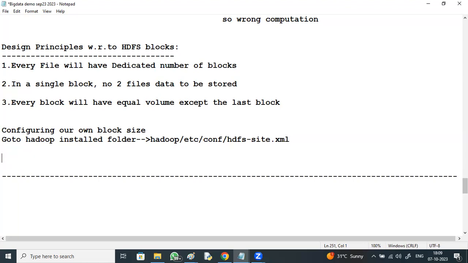We'll see an XML file. Open this XML file and configure the following.